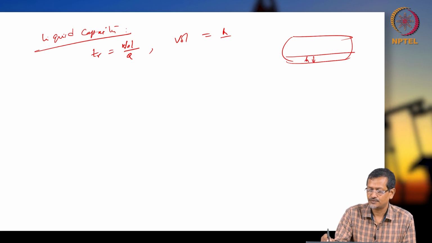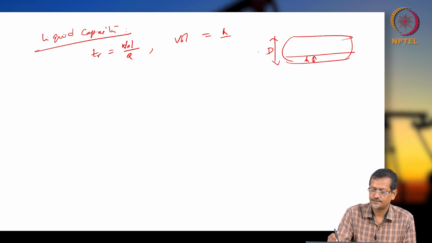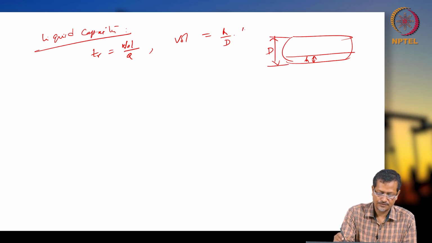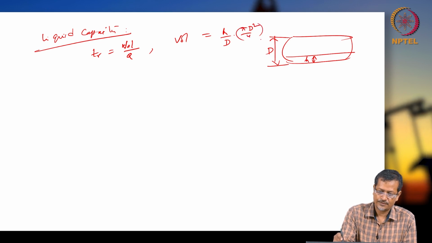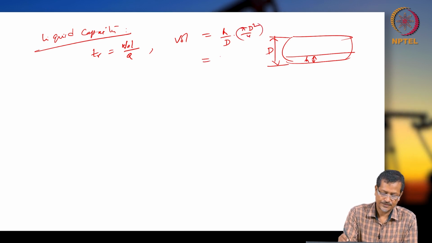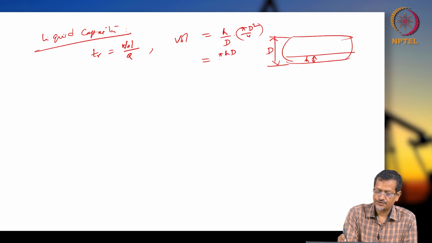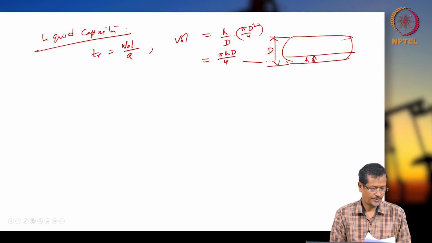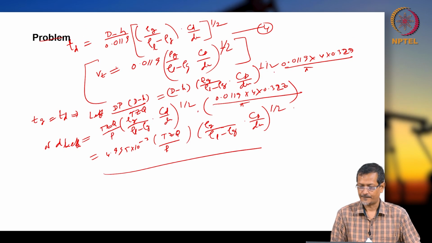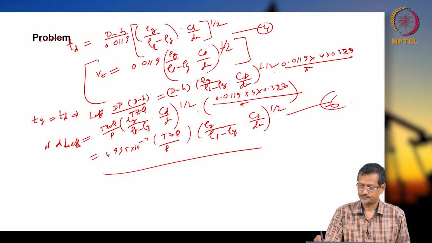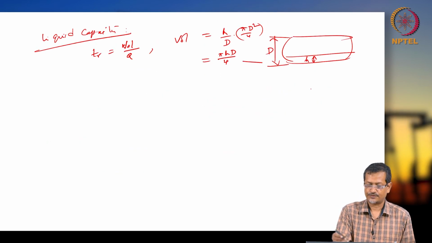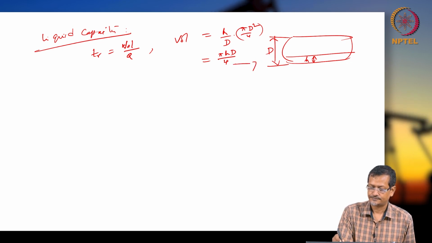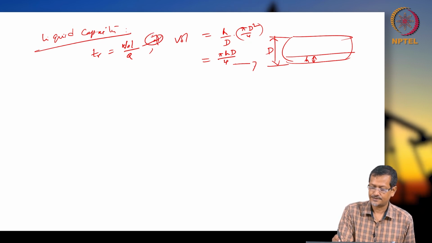This one, H we have assumed, this is D. So H by D, the fraction of pi D square by 4, this volume is there, so this gives pi h D by 4. So you can put equation number 7, this is 7, this is 8.